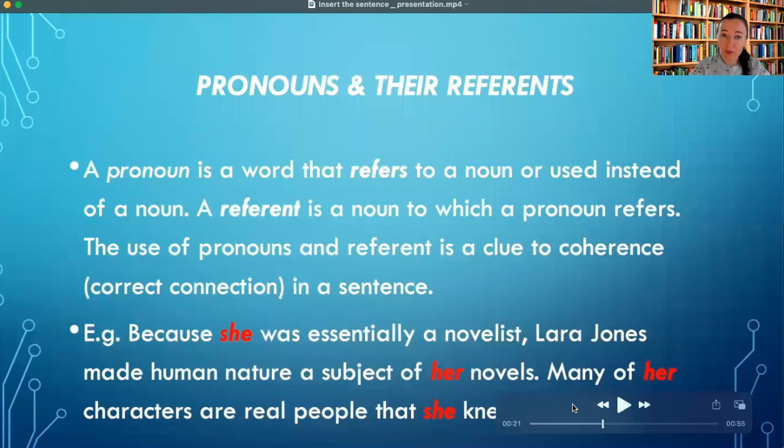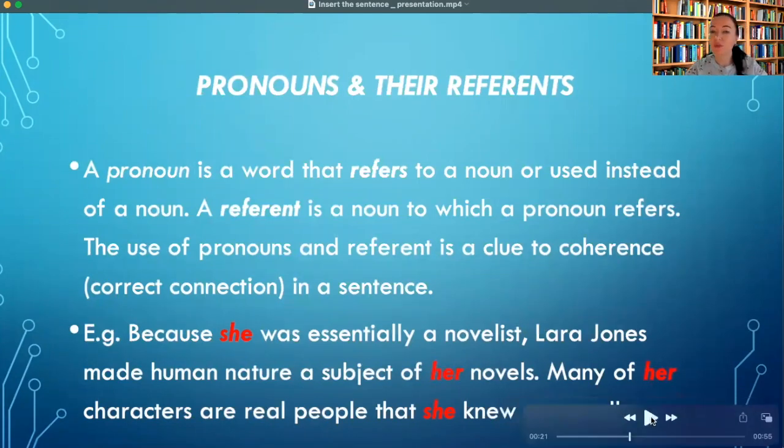A pronoun is a word that refers to a noun or is used instead of a noun. A referent is a noun to which a pronoun refers. The use of pronouns and referent is a clue to coherence in a sentence.